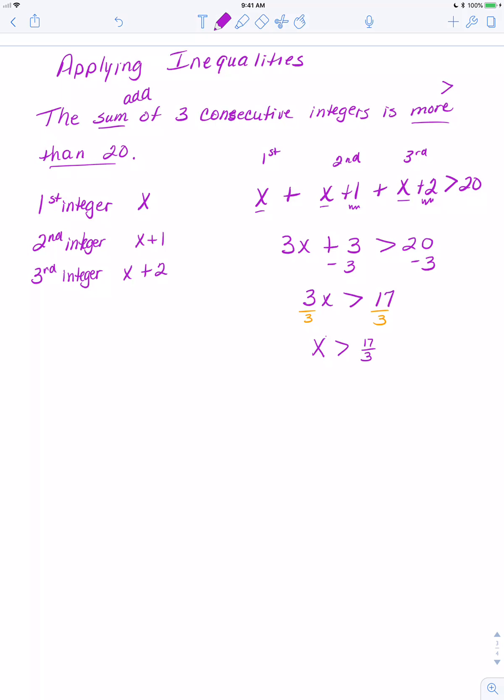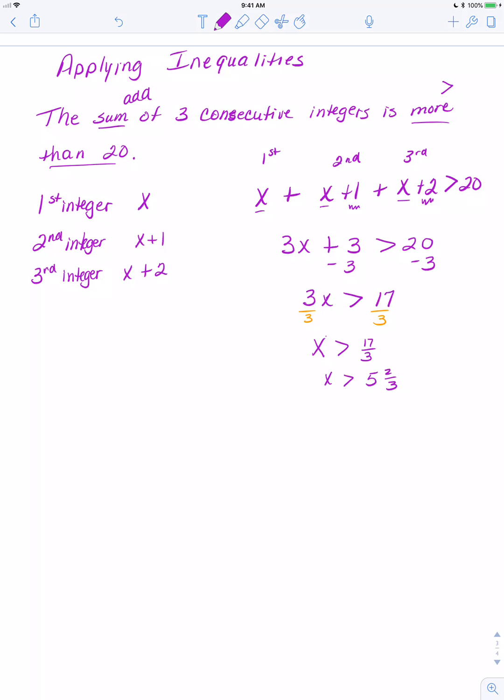Well, that's not a very pretty example. So it's got to be, which is 5 2/3. Same thing as that. So then the smallest possible value for that integer would have to be something greater than that.